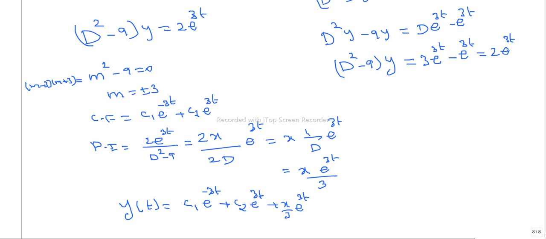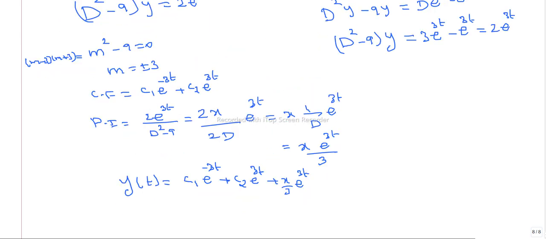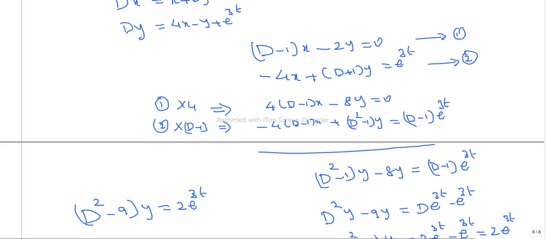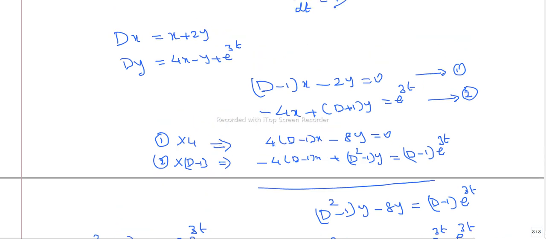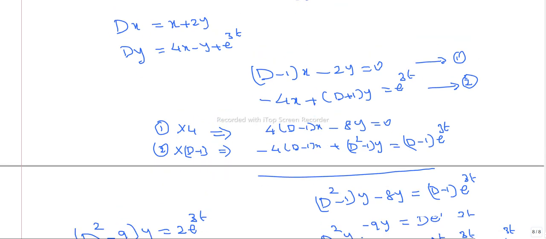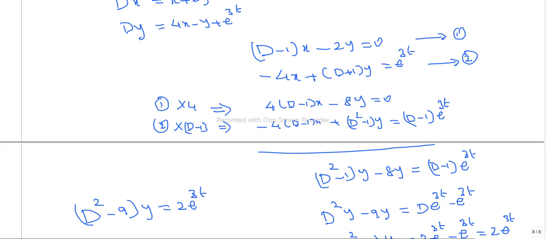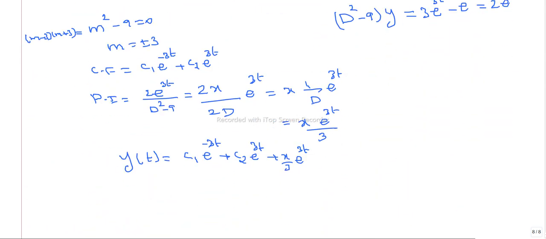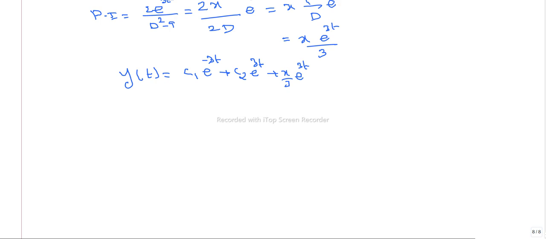Okay, now this is y. Once you find the y value, substitute in any of the equations. Maybe you can substitute in equation number 1. So what is equation 1? Equation 1 implies D minus 1 into x minus 2y equal to 0.